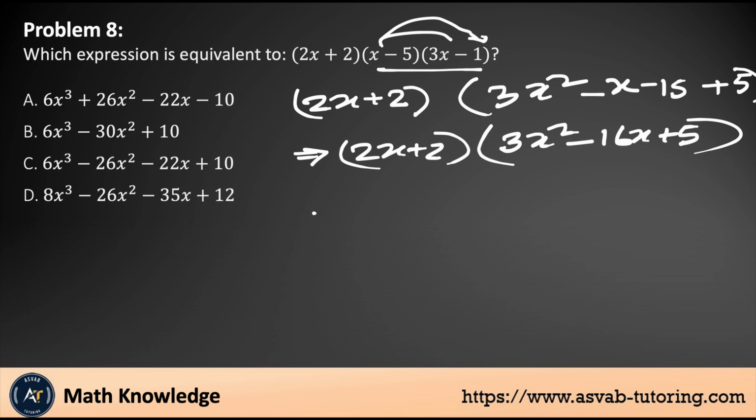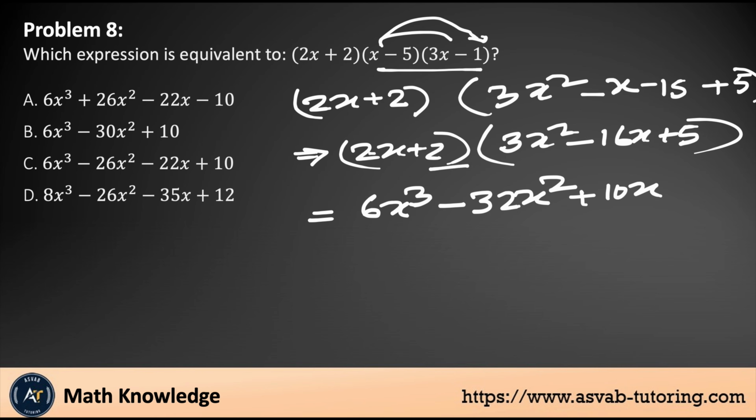Now you have to do exactly the same thing again. That gives you 2x times 3x squared, which is 6x cubed, minus 16 times 2 is 32x squared, and then 5 times 2 is 10x.